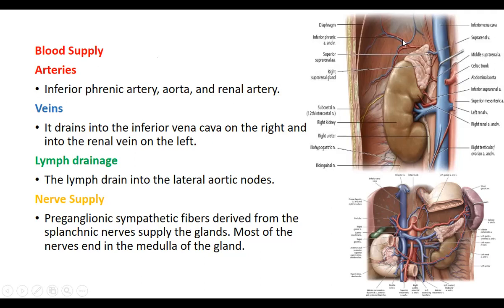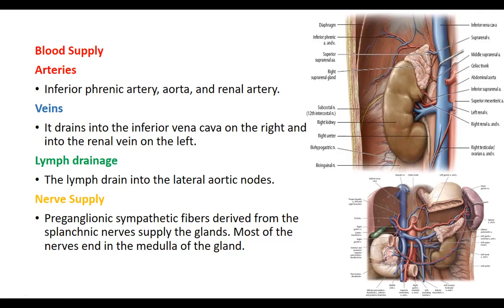The phrenic artery is the artery which supplies the dome of the diaphragm. Phrenic is the other name for the diaphragm. So this is the inferior phrenic artery, which is a branch from the abdominal aorta. It is a branch from the abdominal aorta which supplies the diaphragm, and also supplies the suprarenal gland. Okay, so these are the branches coming from the phrenic artery.